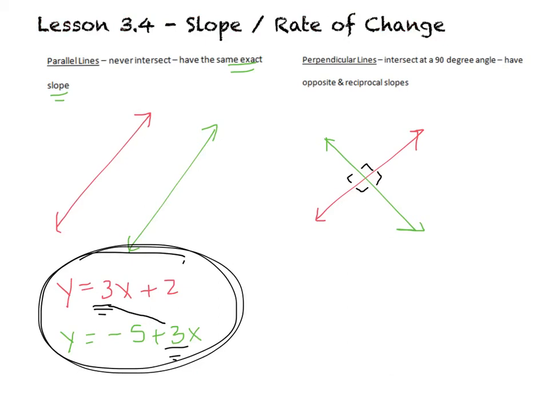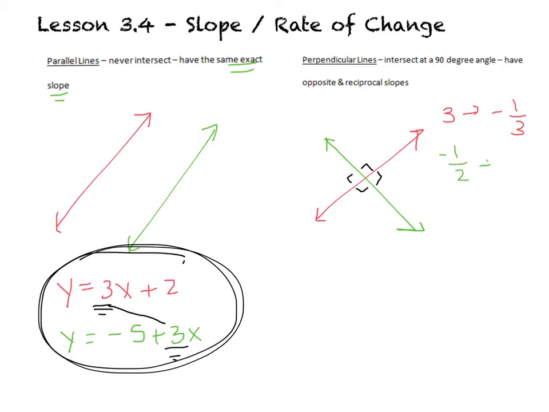So for instance, let's say we have a number 3. The opposite of 3 is negative 3, so we're going to have to make it negative, and the reciprocal of 3 is 1/3. Let's do another one. What if I gave you negative 1/2?